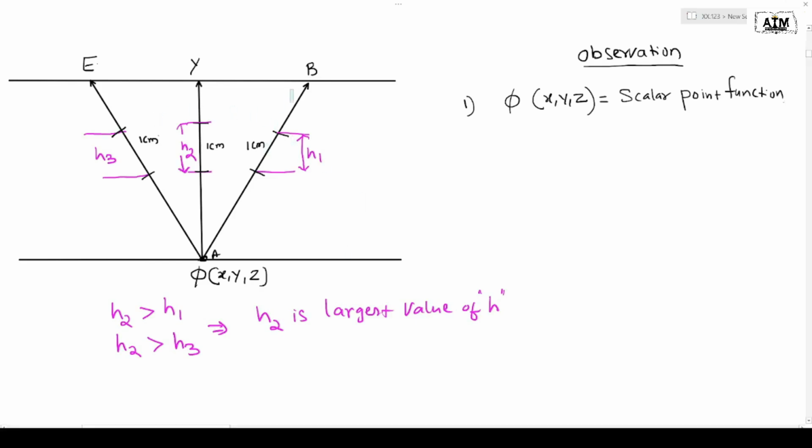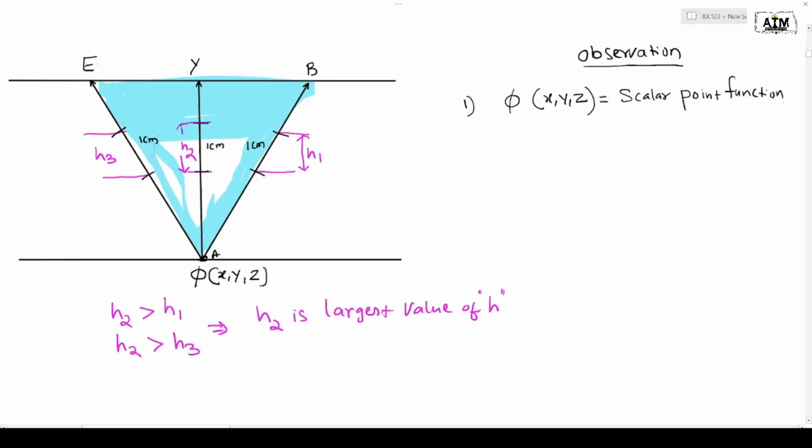So what is the observation? The phi of xyz is a scalar point function, and it is spreading the field. The field is spread by it. I am showing it. This is the field developed by the phi of xyz. Here entire space the field is spread.